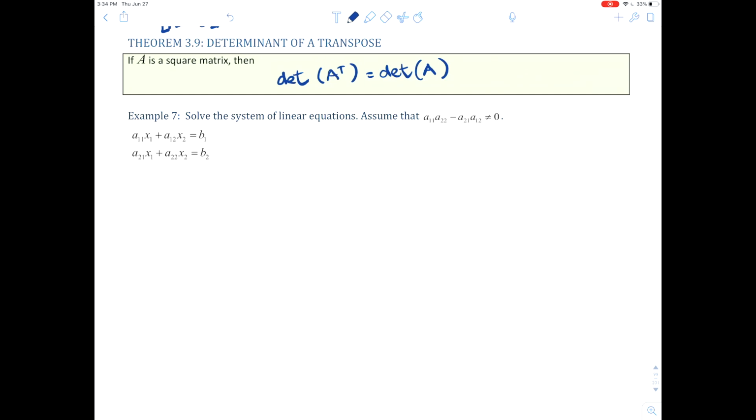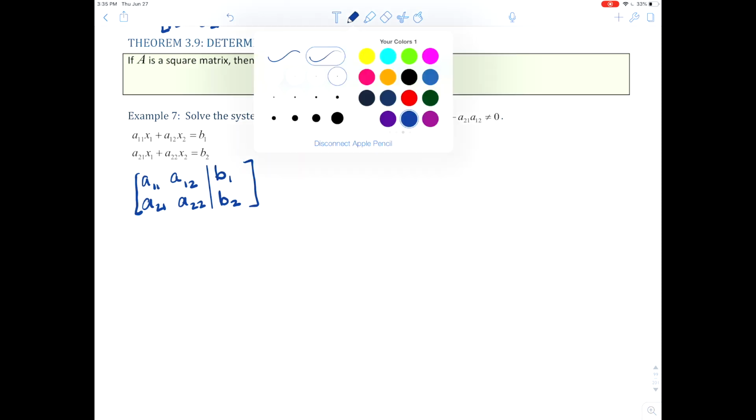Well, we could form the augmented matrix that corresponds. And so here, this would be A11, A12, B1, and then A21, A22, B2. Cool so far? Very good.